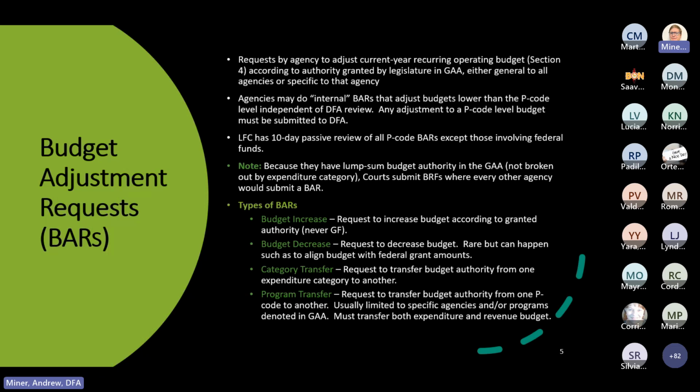Because those are within the same P code budget, they can do their own bar to move some budget authority from Groundwater Bureau to Surface Water Bureau. Because we don't need to see that, because it does not affect their master controlling P code budget. So that's what I mean when I talk about a P code, or excuse me, an internal bar. It's at that lower level of budget that DFA does not control because you can't really see it at the lower level, reflected at the P code level.